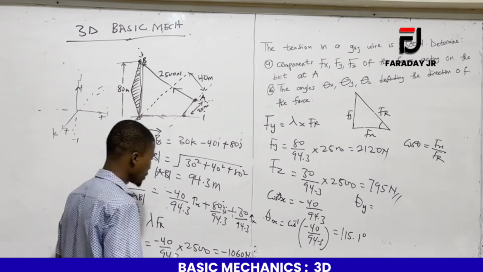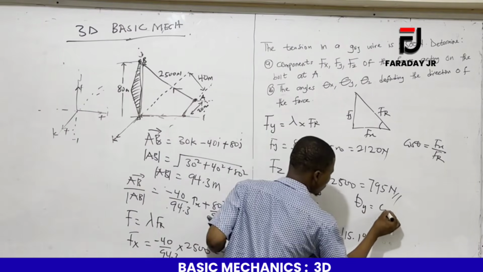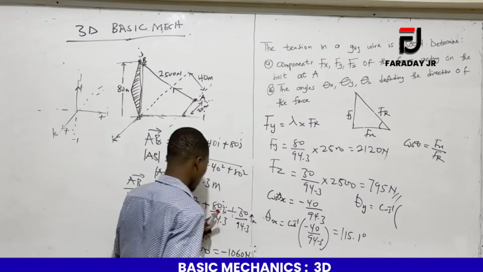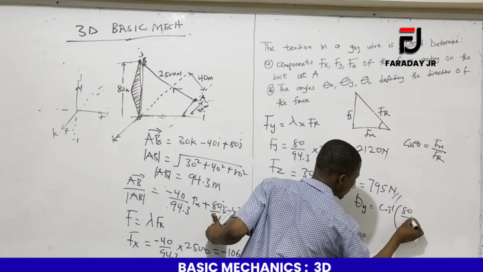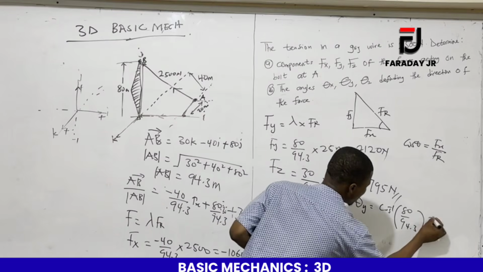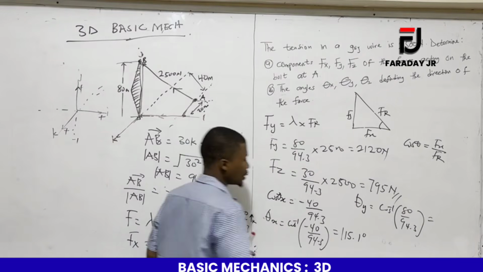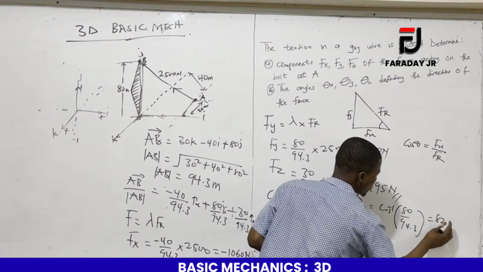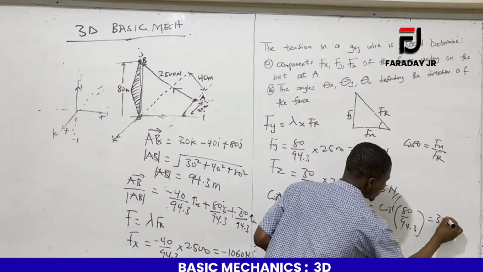That will give us cos inverse of 80 over 94.3, which is equal to 32.2 degrees.